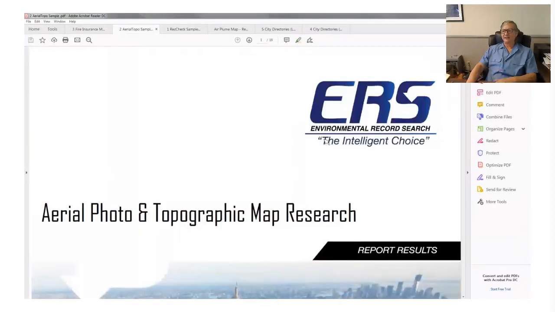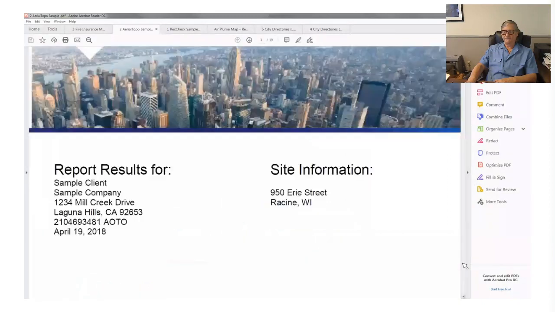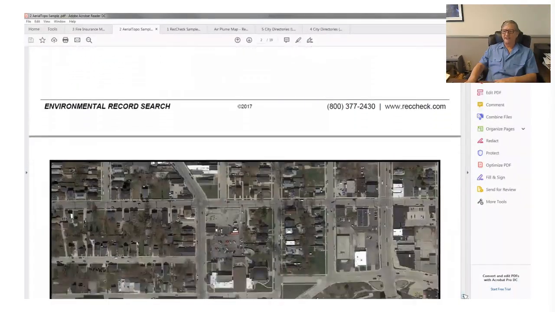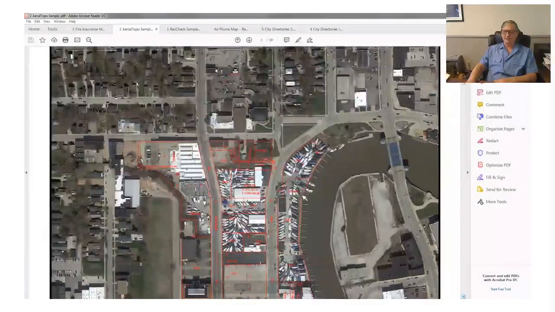So this is aerials and topos. On the subject property, if we can get you a parcel map pretty easy, we put a parcel map. A parcel map can be really important. Why can a parcel map be important?